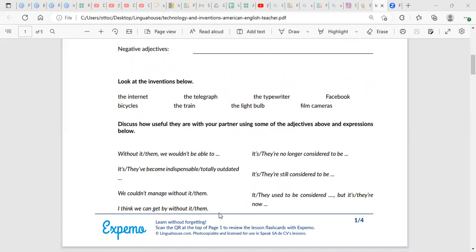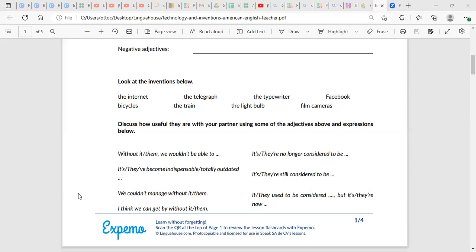Can I read? Okay, yes, go ahead. The internet, bicycles, the telegraph, the train, the typewriter, the light bulb, film cameras, Facebook, and discuss how useful they are with your partners using some of the adjectives above and expressions below. Without it, then we will be able to.